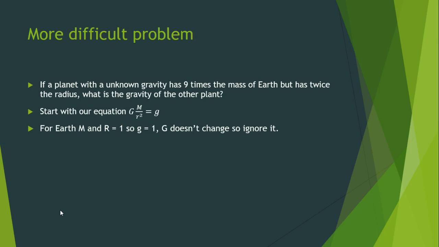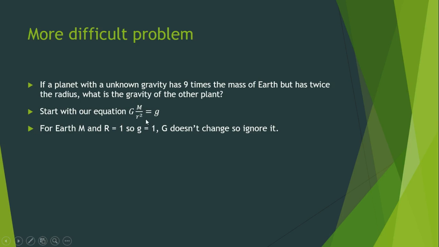So technically gravity equals 1, because 1 over 1 squared is just 1. And the big G does not matter because it's a constant, so it's always going to be there. It does not affect the numbers of the problem. So we're going to make everything number 1 for Earth, so it's simple.